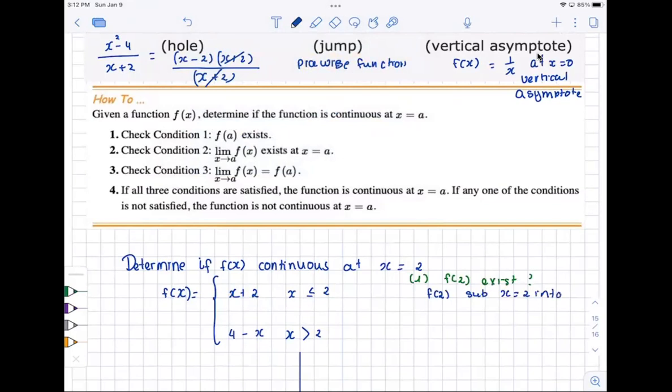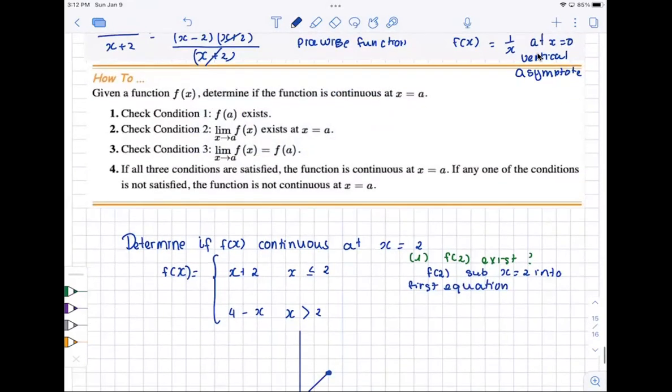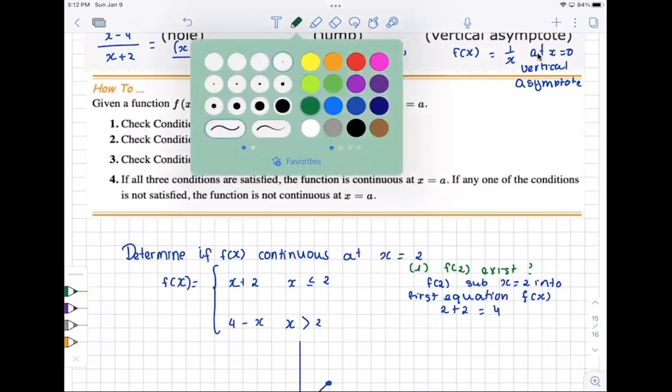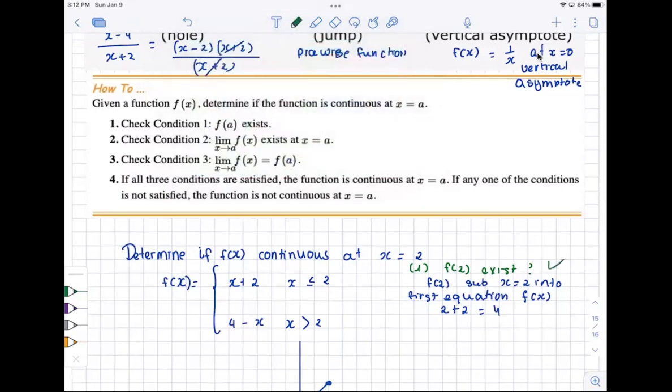So we have 2 plus 2 equal to 4. So yes, f of 2 exists.